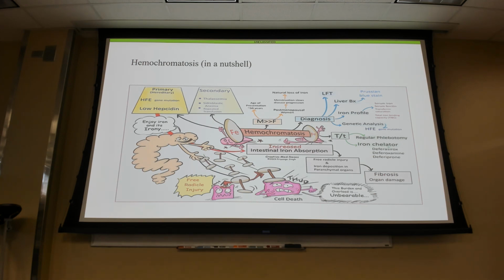Diagnosis, LFTs. Worry about the liver a lot in this disease, because again, they have a lot of liver issues, including progressing to liver cirrhosis, fibrosis, and cancer. Men more so than women, sure, and women tend to present later in life.